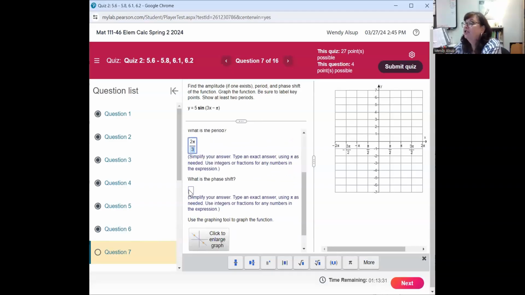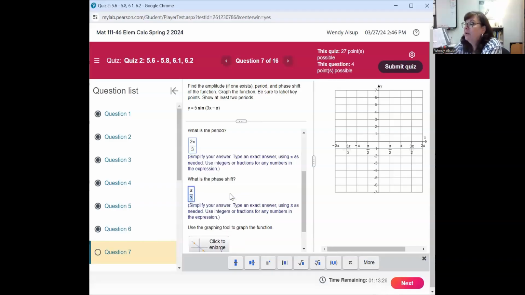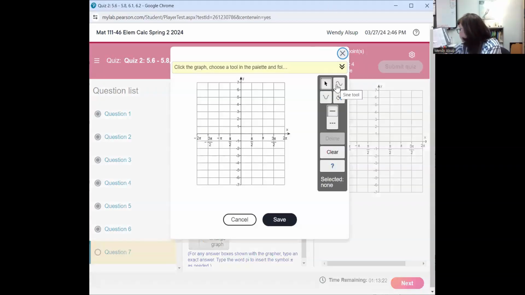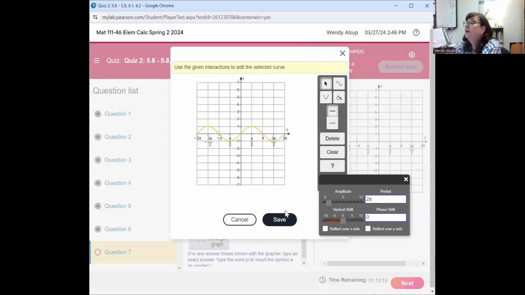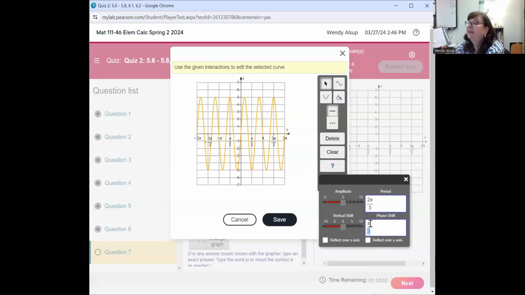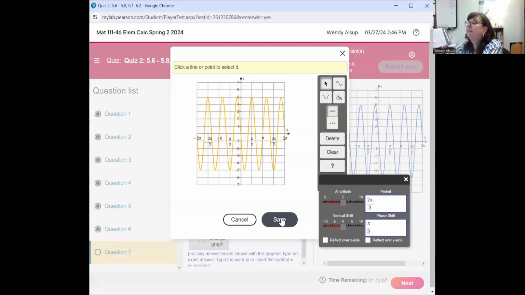And my phase shift was pi over 3. I did not reflect it; I didn't have any negatives to reflect it over either the x or the y axis.